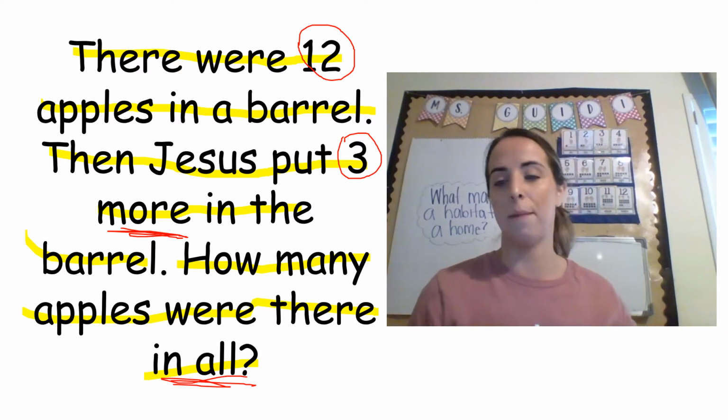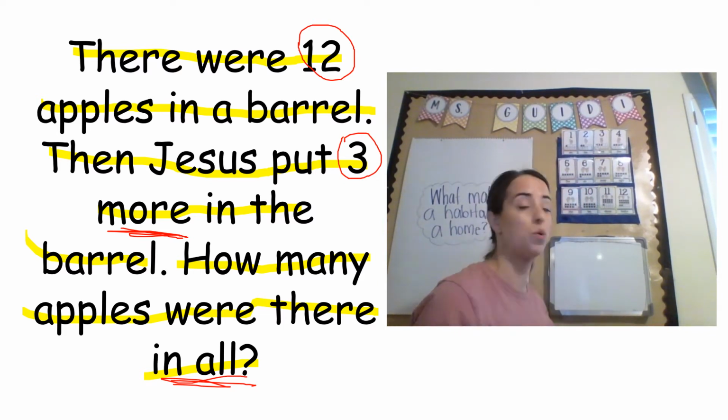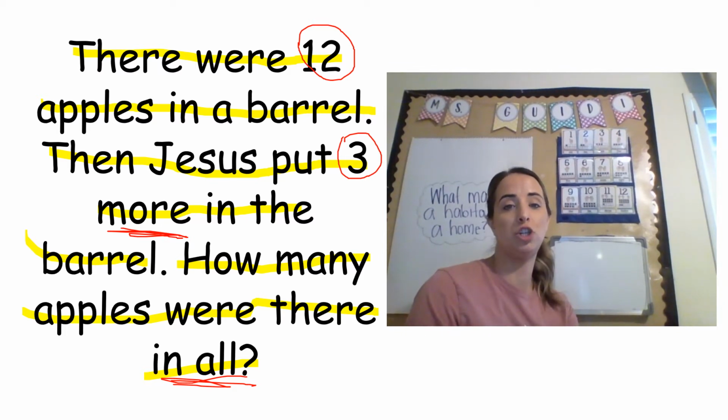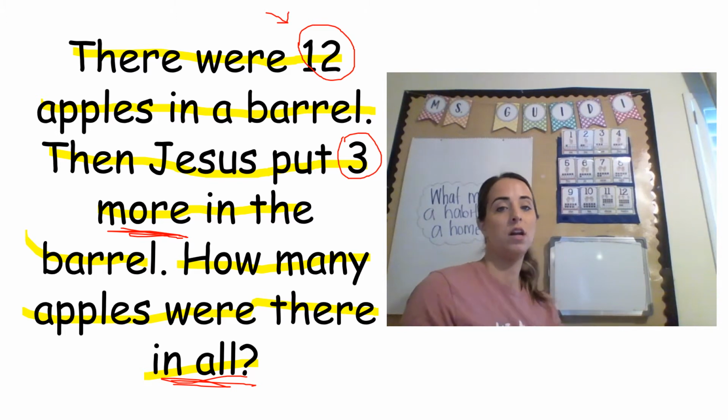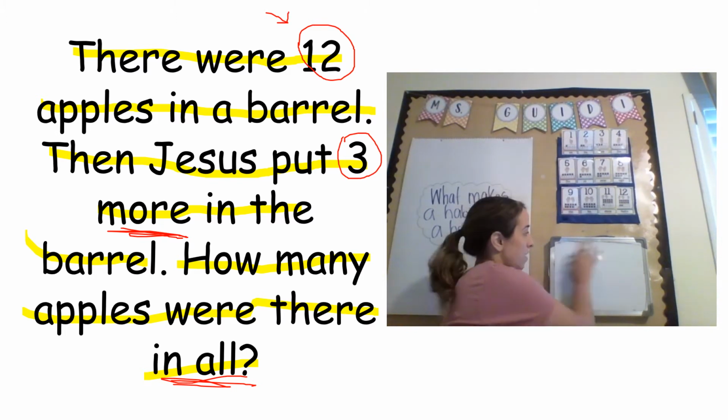So first thing we're going to do is I'm going to draw my problem. So what is the first number I'm going to draw? 12. Here we go. Now remember, I'm going to do 5 and then keep going after 5.